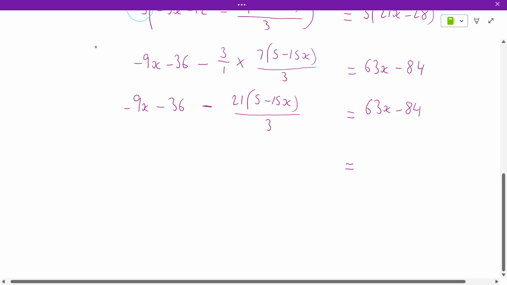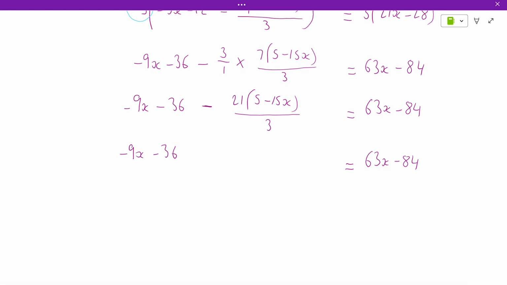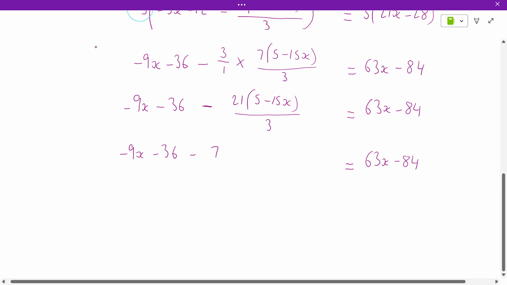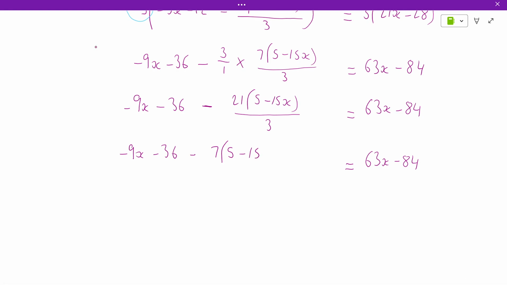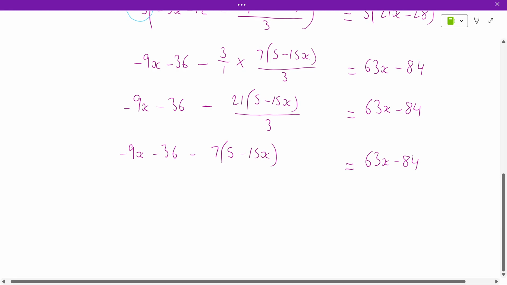Now let's focus in again and simplify that fraction. So right hand side stays as it is, and left hand side we've still got negative 9x, we've got negative 36, and now let's start to divide some of these. So 21 divided by 3 is just going to be 7. So I've got a negative 7 outside of 5 minus 15x.